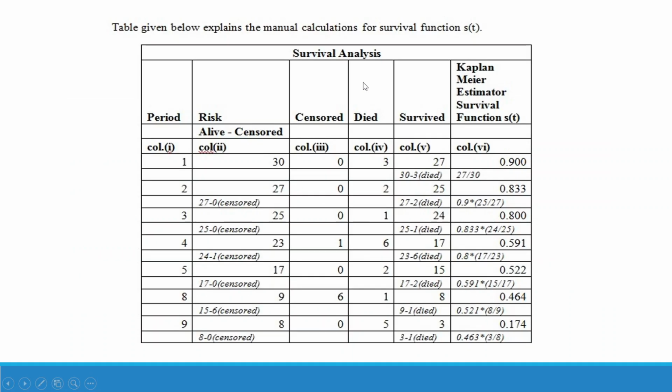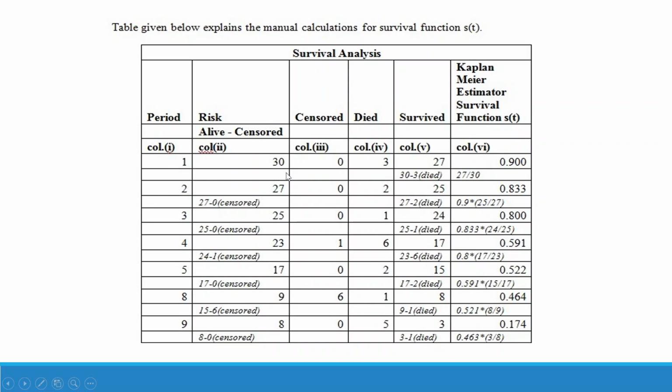Let's try to understand the concept of the survival function with this table. The first column consists of the period. At risk is calculated as alive minus censored. Censored means the patients who dropped out of the study. Then died, survived, and the last column is the Kaplan-Meier estimated survival function.